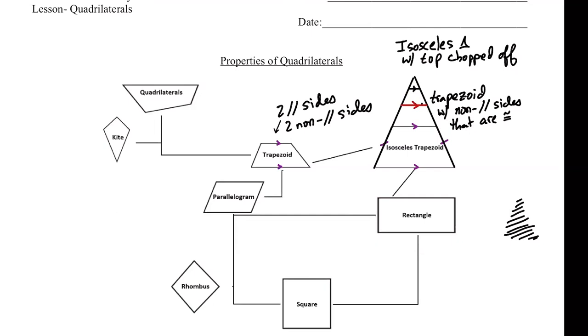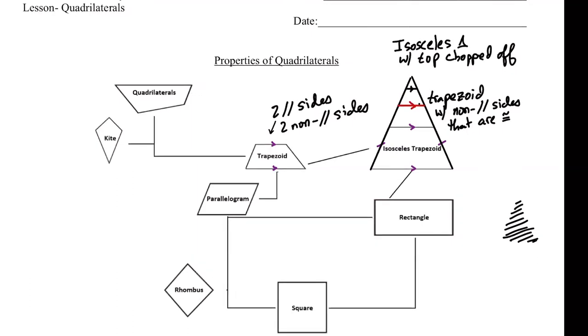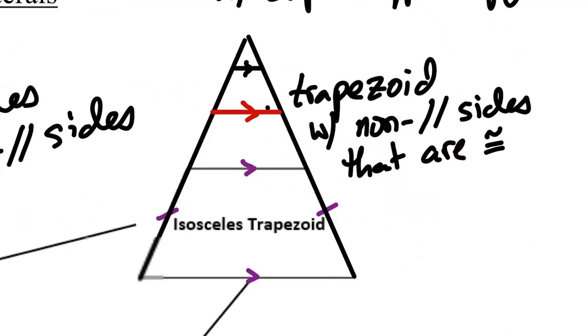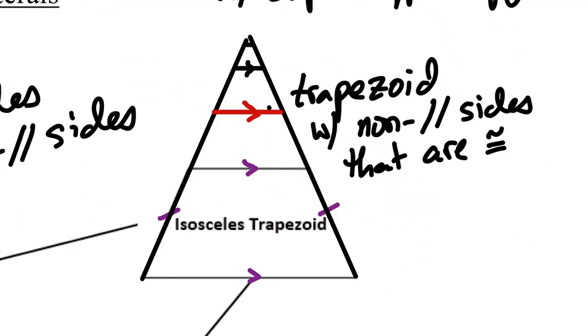I could keep going and going until I have this infinitesimal little distance. If it comes to a flat top, so let's say I stopped right here and just connected it, just like this, that whole thing is still an isosceles trapezoid.